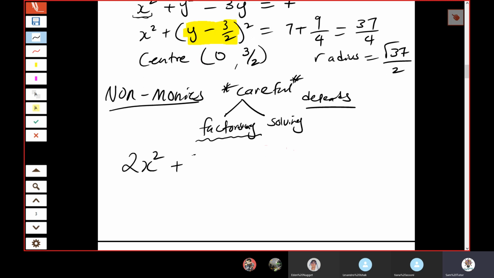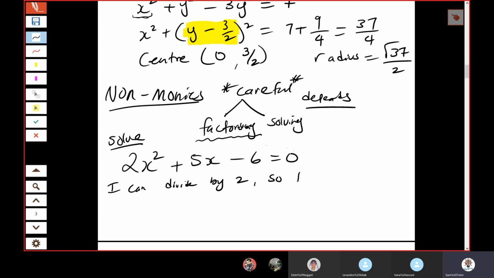So 2x squared plus 5x minus 6. If I was asked to solve this, I can just divide by 2. I can divide by 2 so that it is monic again, so that I don't have the 2 in front anymore.